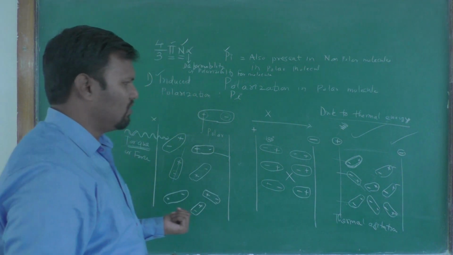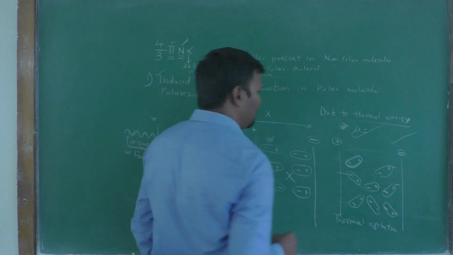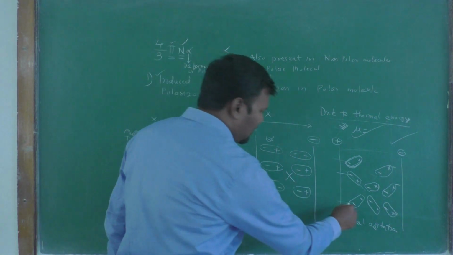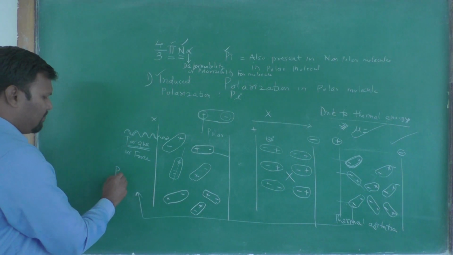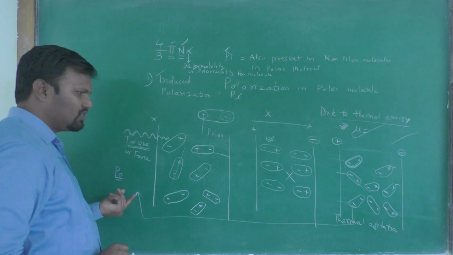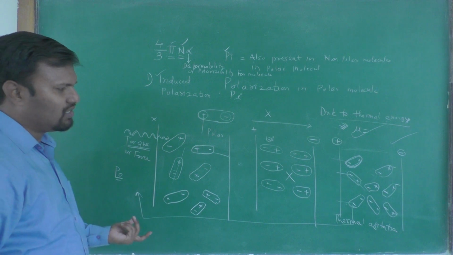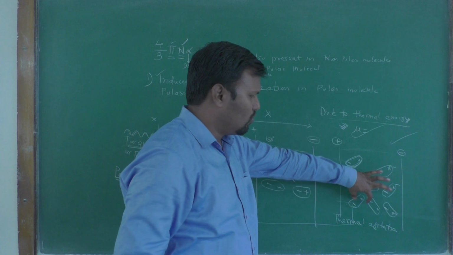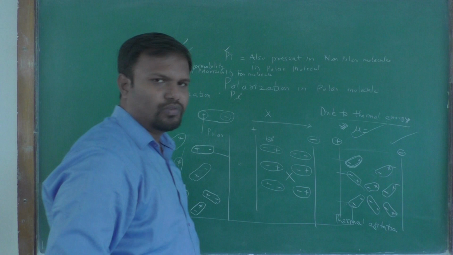Therefore, this happens only in molecules having a permanent dipole moment. The polarization that appears due to orientation is called P naught, or P O. O stands for orientation, P is the polarization. Orientation polarization is produced due to the orientation of the dipoles of the molecule.